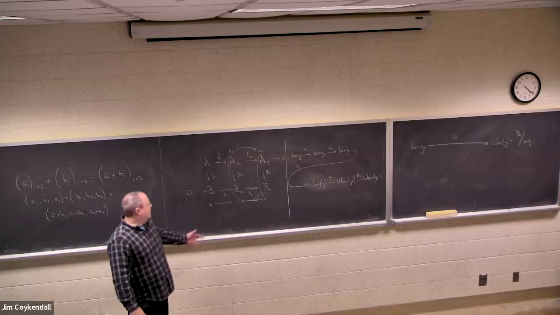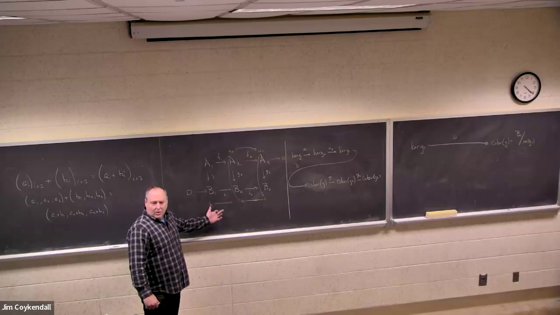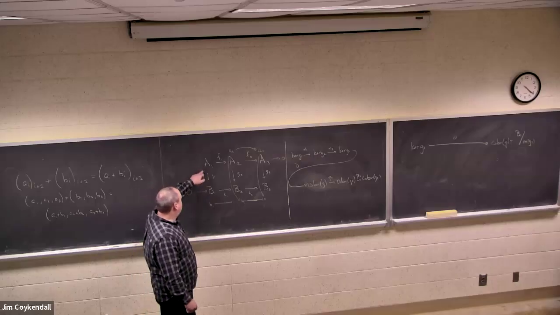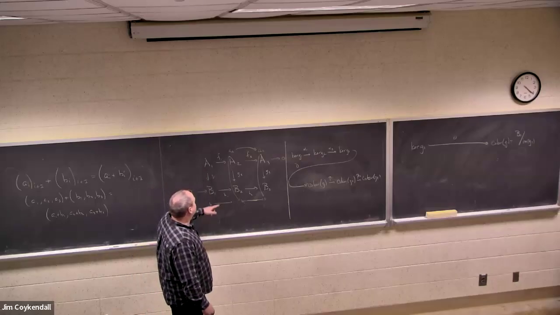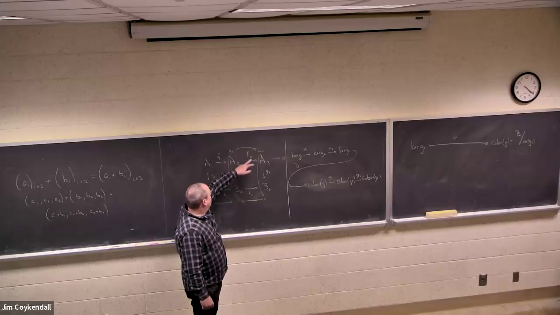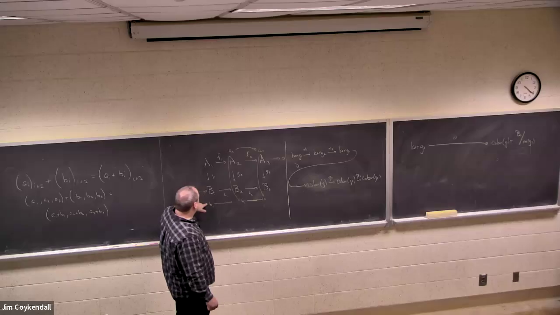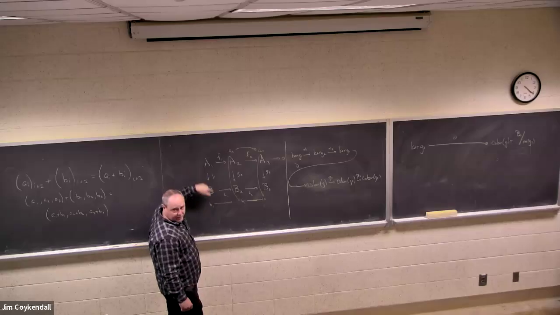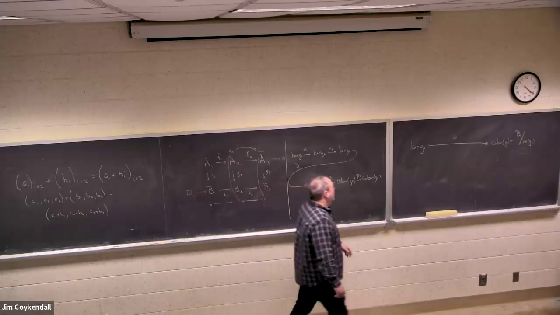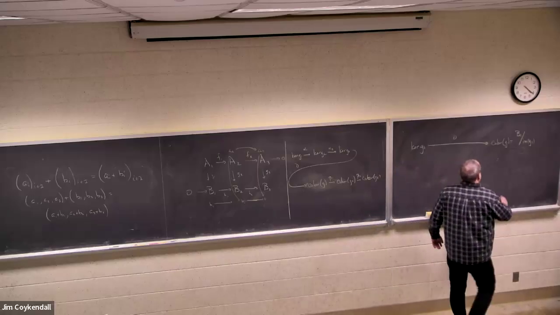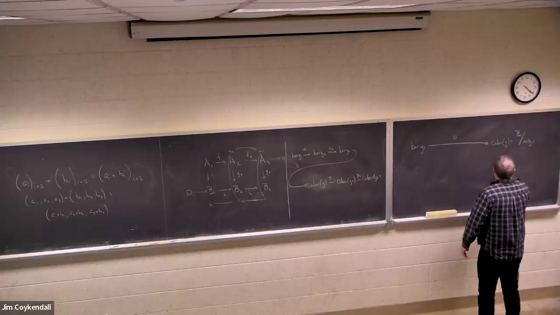Now, this B1 actually, it turns out it's not well defined, but it is well defined modulo. That is, given two choices that I make here, they vary by something in the image of G1.